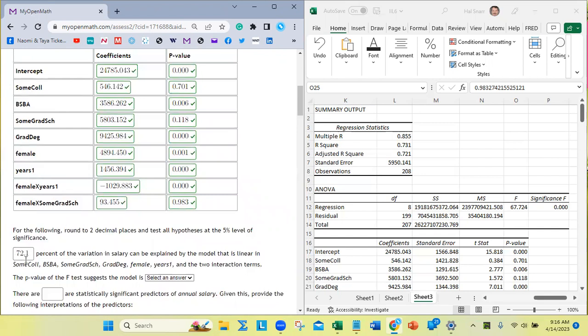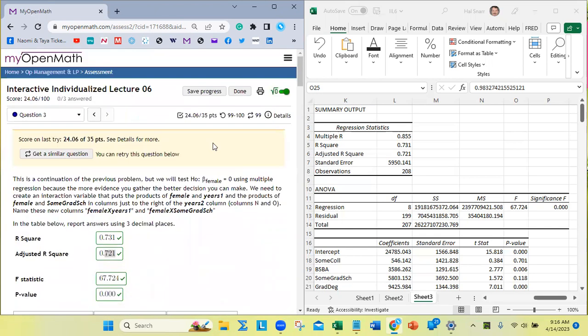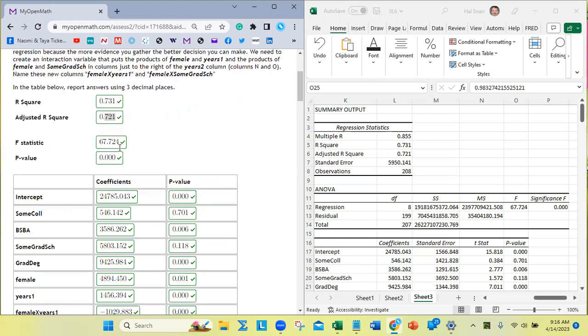So that's a pretty high percentage, right? Models aren't perfect. There are going to be some errors in the model, but this particular model explains 72.1% of the variation in salary, which is much better than the previous model, right?